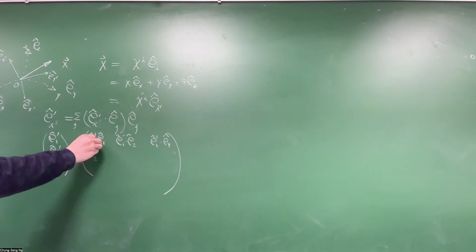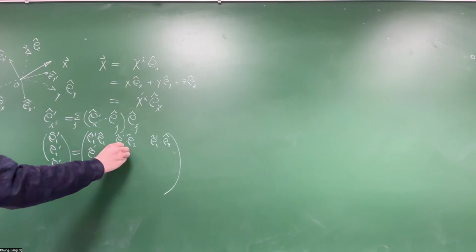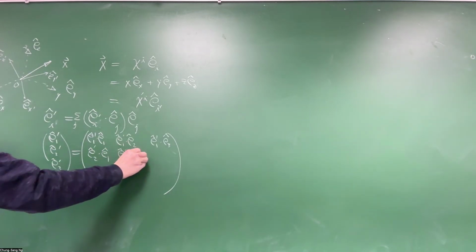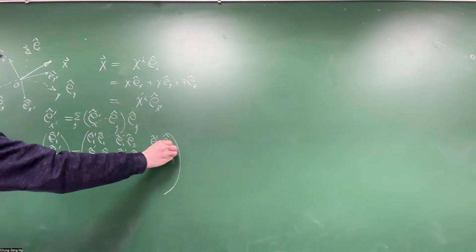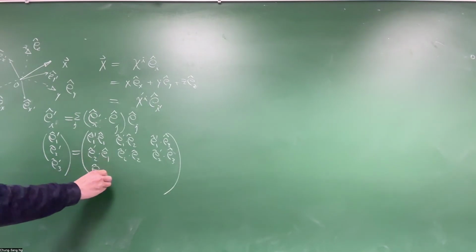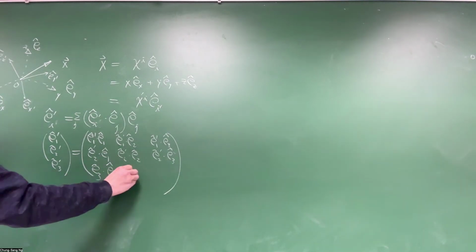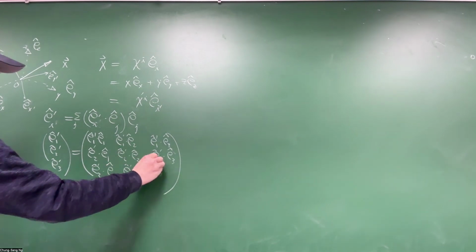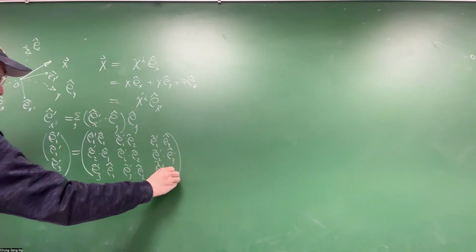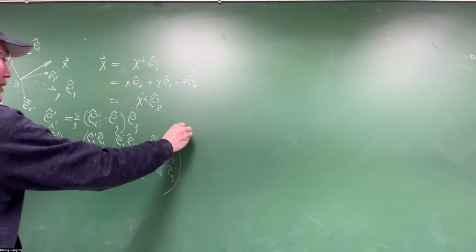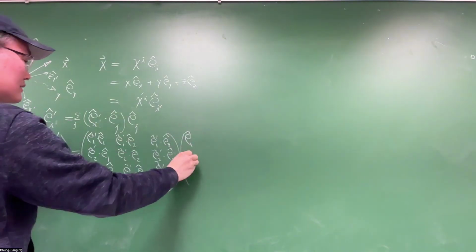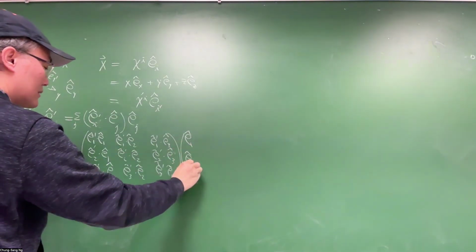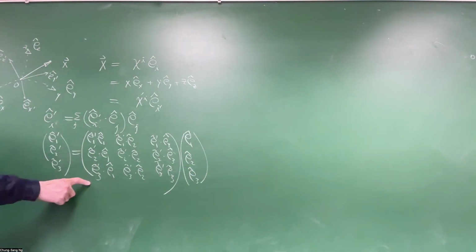Second row is E2 prime dot E1, E2 prime dot E2, E2 prime dot E3. And likewise, the third row, E3 prime dot E1, E3 prime dot E2, E3 prime dot E3. Okay, and then I'll multiply by the old unit vector E1, E2, E3.